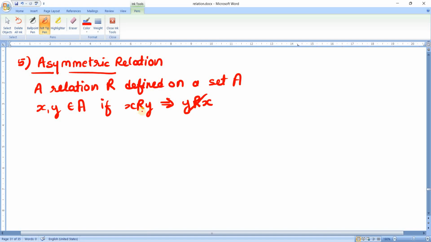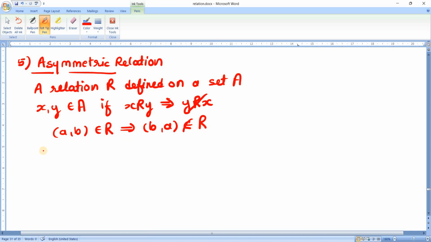Which means for any ordered pair, let's say (a, b), belonging to R, (b, a) should not belong to R. So this is the condition for a relation to be asymmetric.